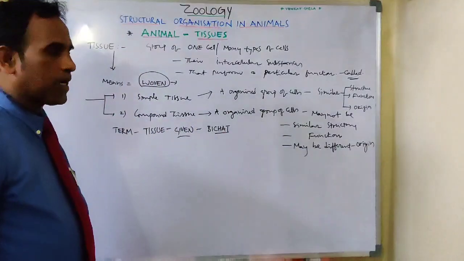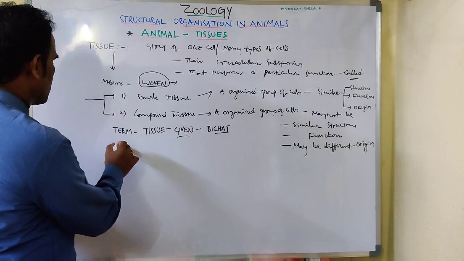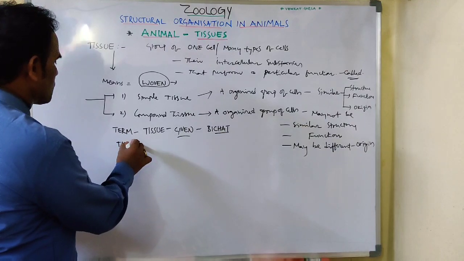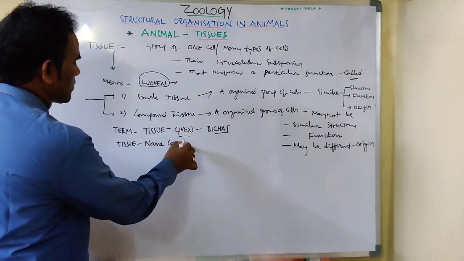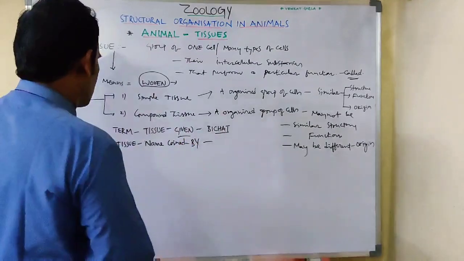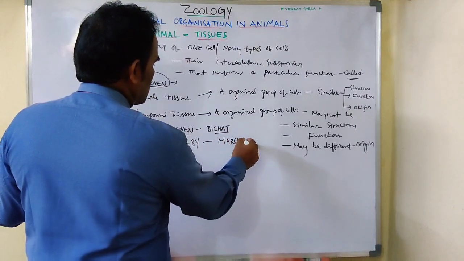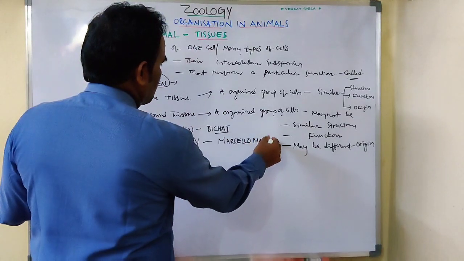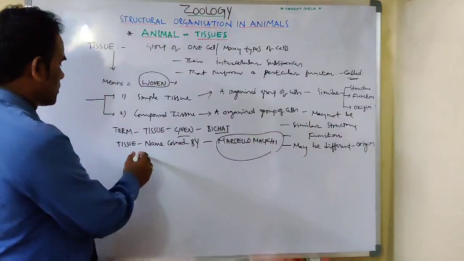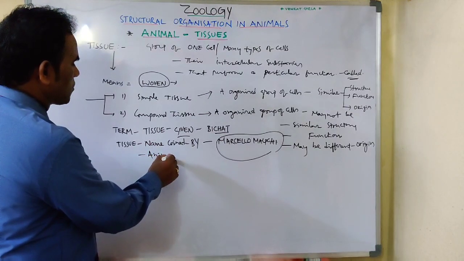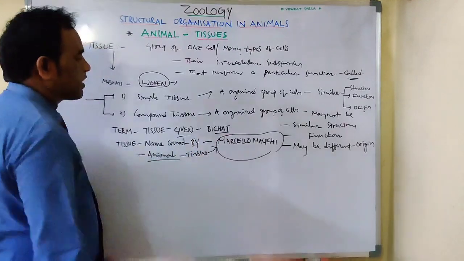The name animal tissue was coined by Marcello Malpighi. The term animal tissue was coined by Marcello Malpighi.